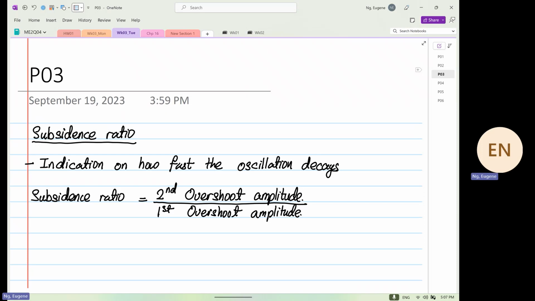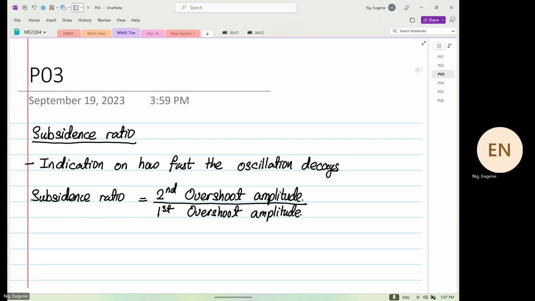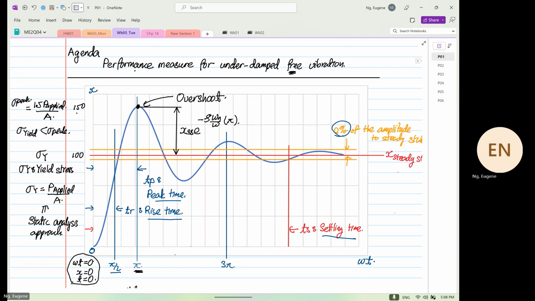And if we were to go back to our diagram shortly, the first overshoot is at pi.